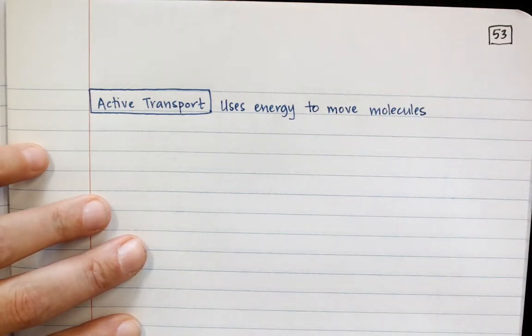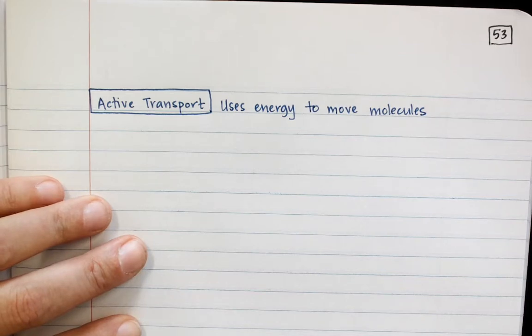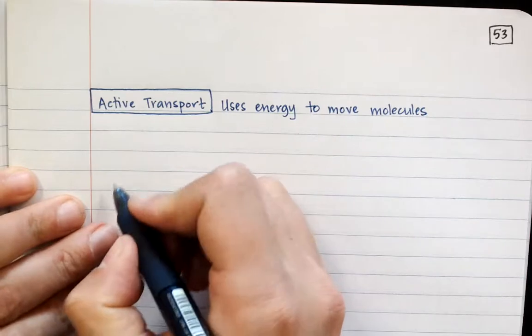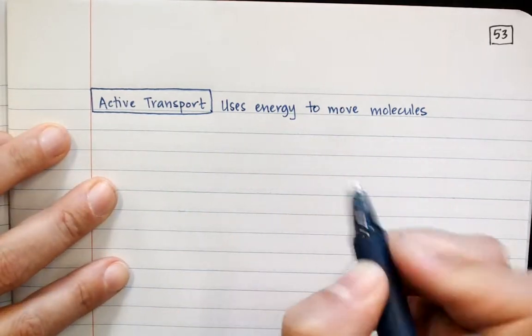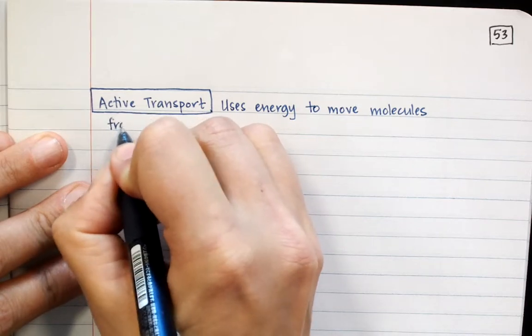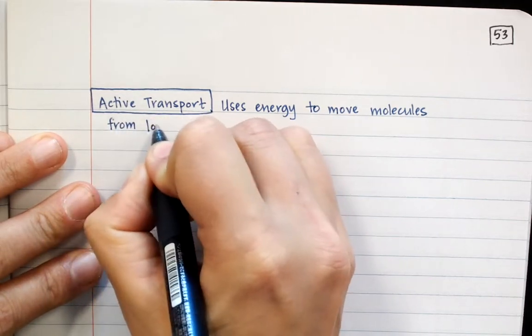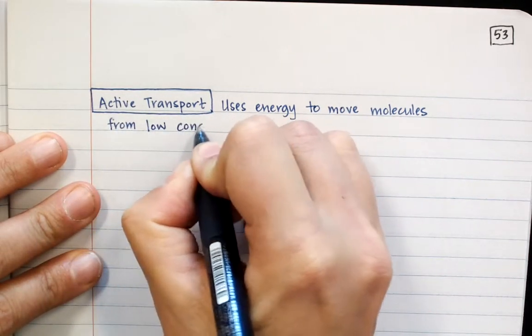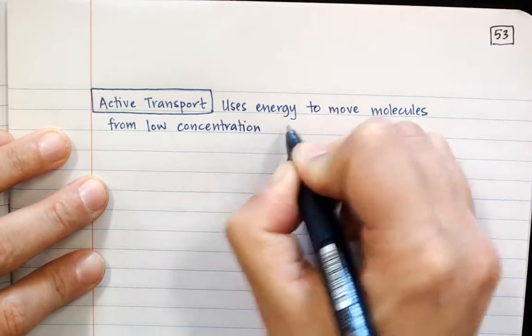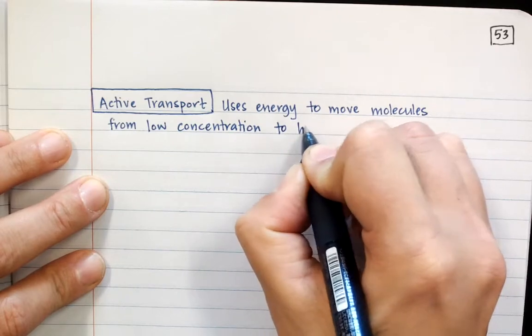But here's the trick. Instead of going from high to low concentration, we are now going from low to high concentration. So it uses energy to move molecules from low concentration to high concentration.